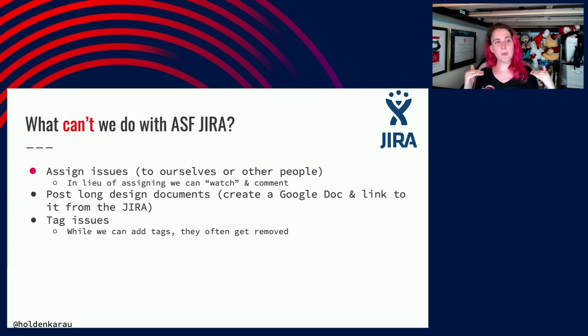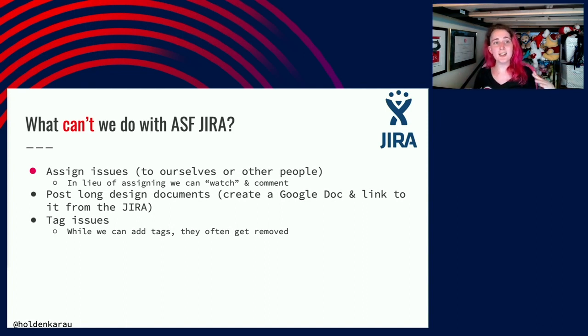But there's a few things that we can't do with the ASF JIRA that you might be used to doing with your own bug tracker at home. One of them is assigning issues to ourselves, right? Because we don't want issues to get stuck and be assigned to someone who ends up getting distracted and needing to do something else. We don't assign issues to people really until the issue is resolved, or maybe sometimes during the pull request phase.